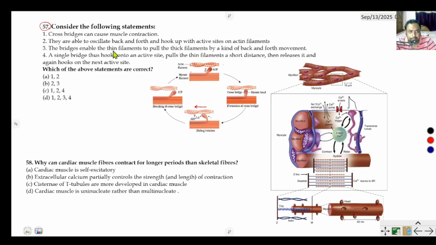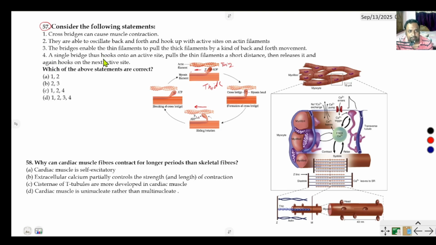The bridges enable the thin filament to pull the thick filament, where the thin filament is the actin and the thick filament is the myosin, by a kind of back and forth movement. Definitely back. On this side they contract the thin filament.